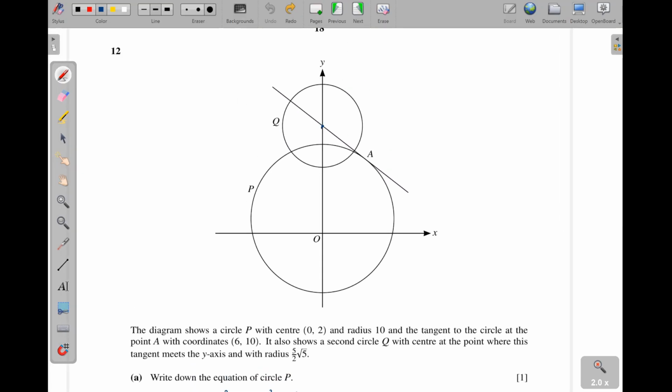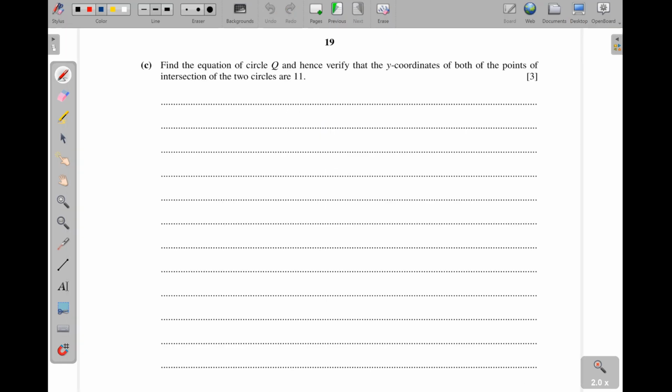So the center here is at (0, 29/2), and the radius was given as this one here. So that is very easy. We have seen that the center of Q is (0, 29/2). So the equation of that circle is going to be (x - 0)², I don't even need to write the minus 0.